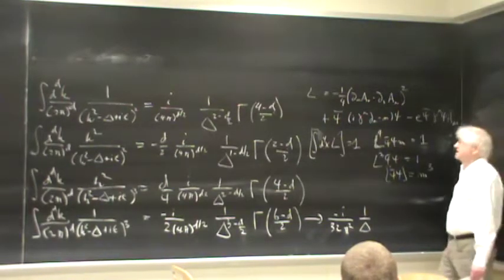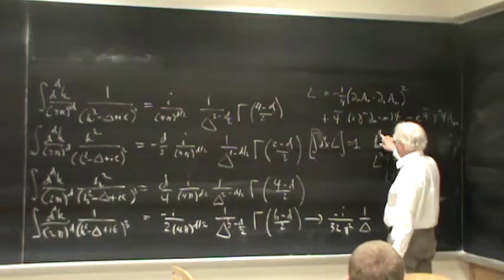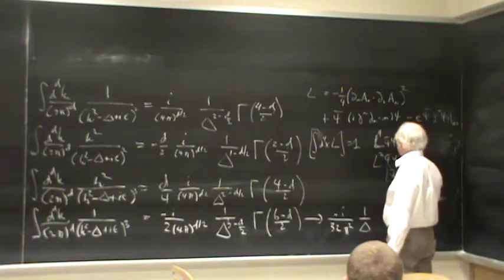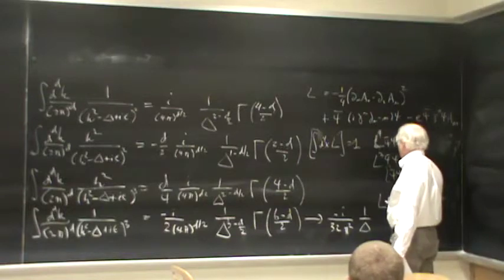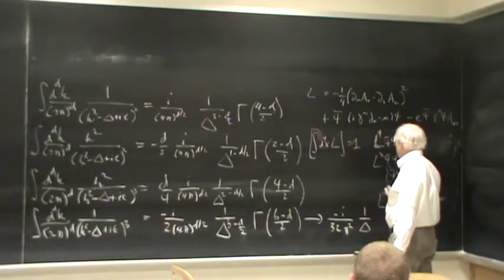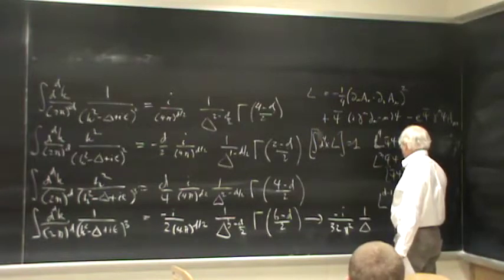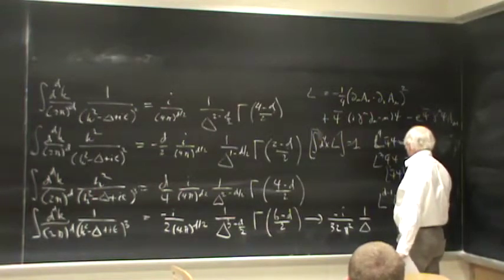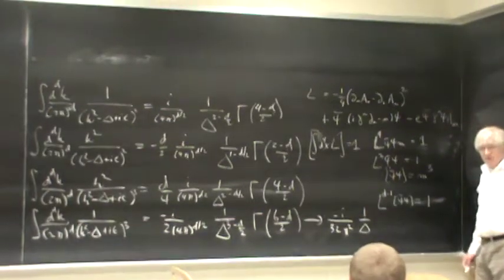But now if we're in d dimensions, it's different, because instead of having L to the fourth, we have L to the d. And I'm going to leave m, so now we would have L^(d−1) ψ̄ψ is 1, right?